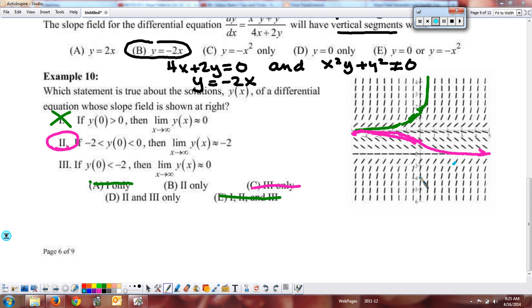Let's say this one, it appears to come up here and then across, so the solutions would sort of look like that. The limit as x goes to infinity, does it have a horizontal asymptote of 0? The answer is no. So I would mark that one off, and then I would go with B for this one.